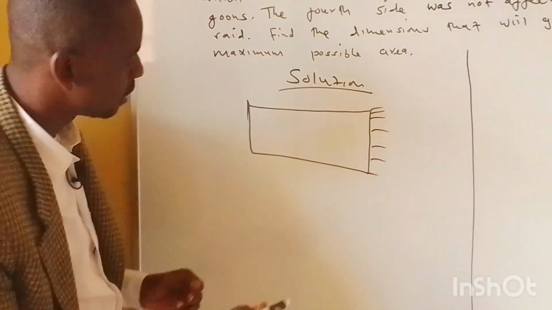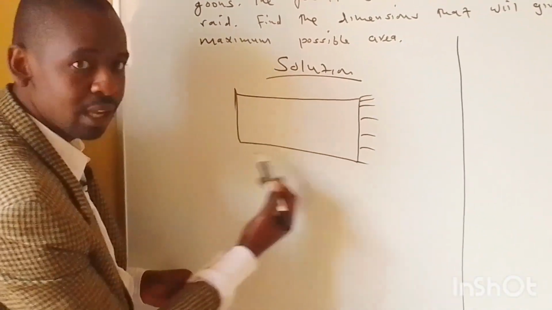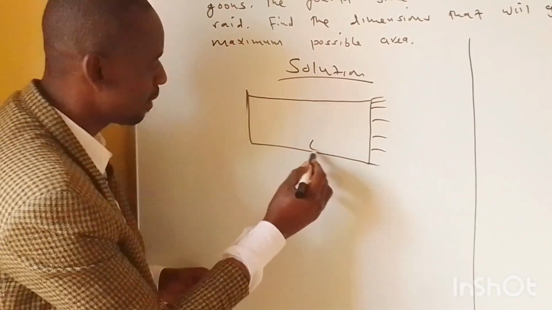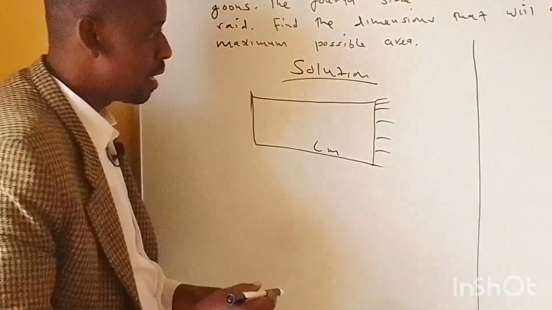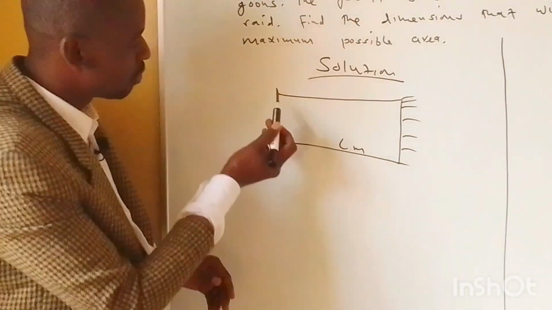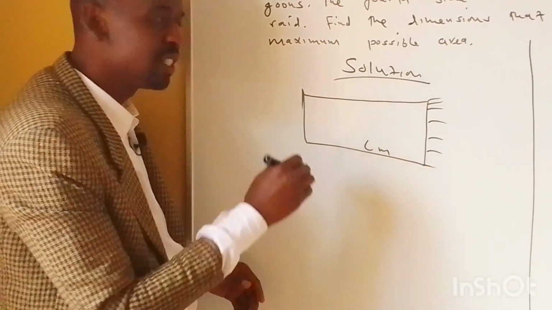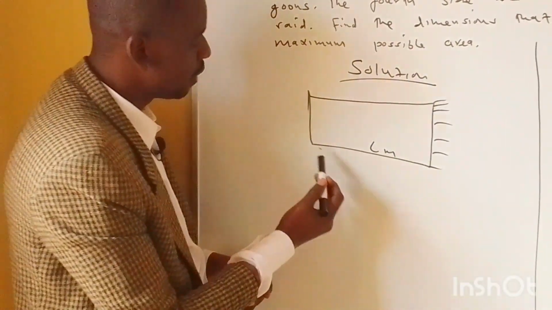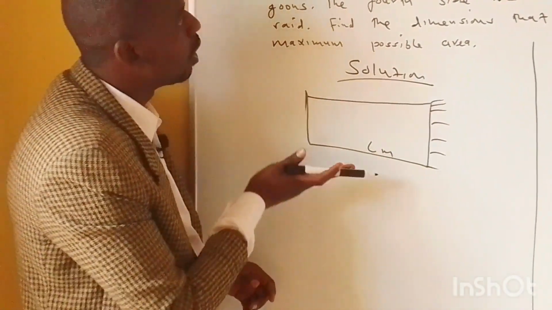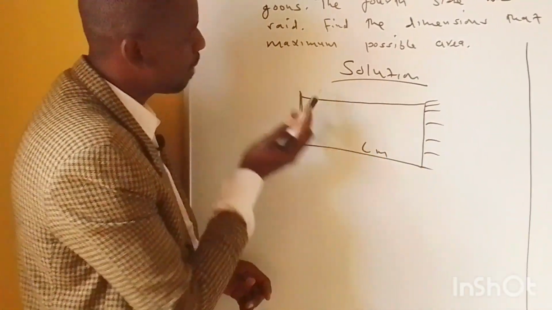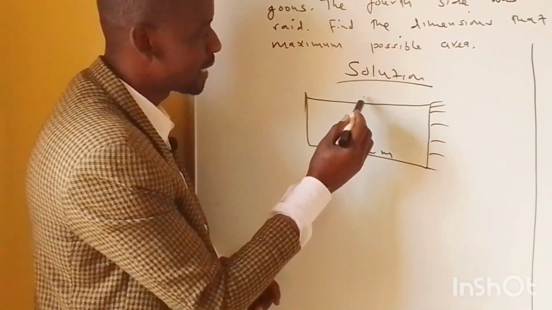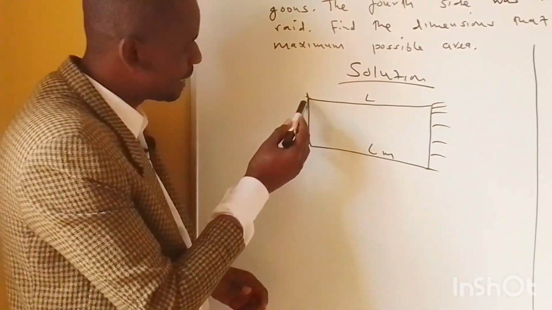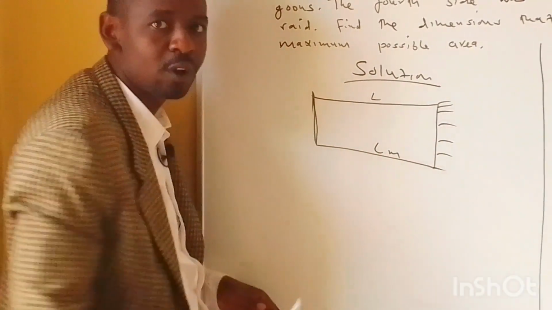So let's give this length part of it to be L meters. Then the other width that is remaining here, we're going to give it in terms of L, because we know if it is a rectangular form, then the upper part of it, this side also is L.